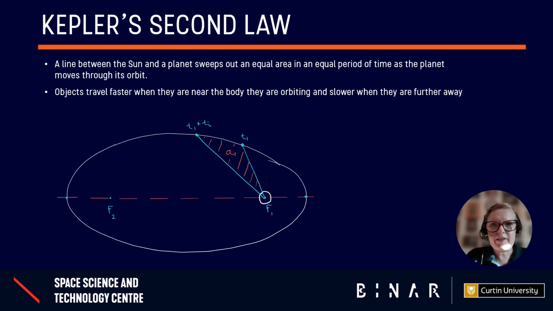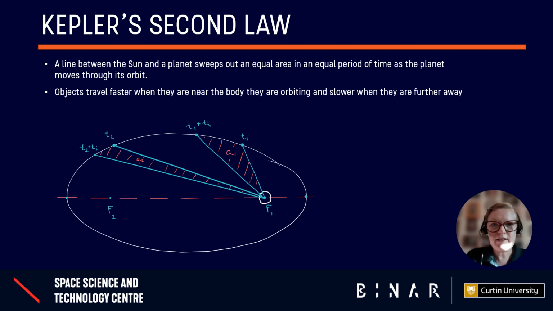Here we've got this imaginary line between our spacecraft and the body, and the interval is from T1 to T1 plus our interval time, Ti. So we trace out this area here, A1, in space in the orbit. What Kepler's second law says is that the amount of area that we sweep out over time, in that red shaded triangle, is actually constant throughout the orbit, which is quite neat.